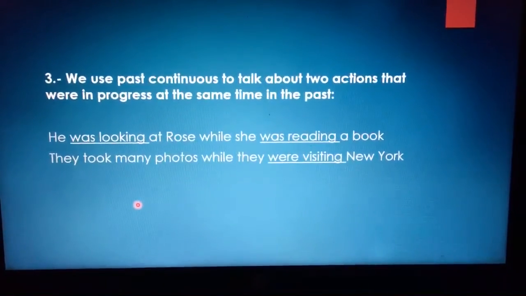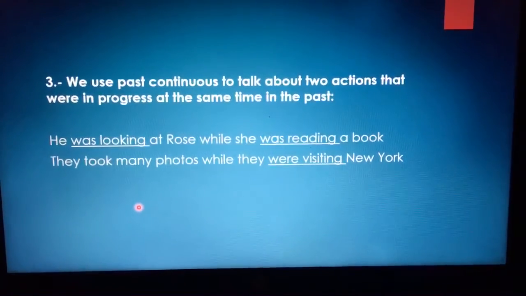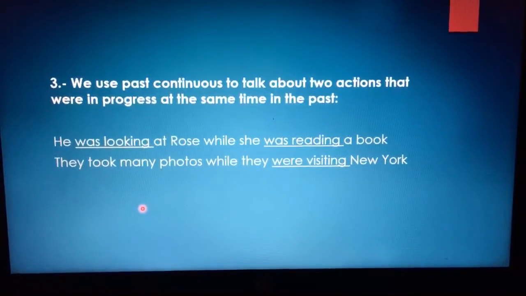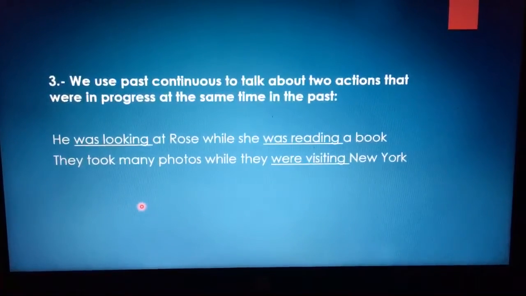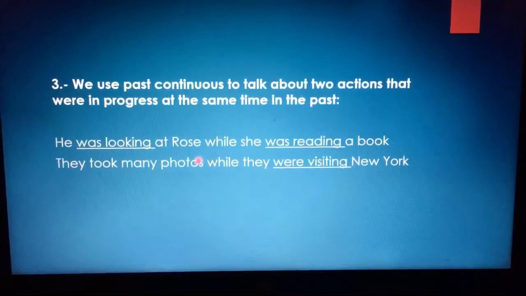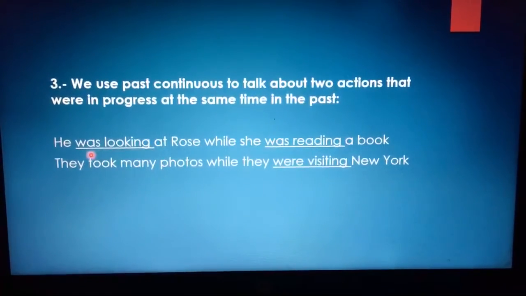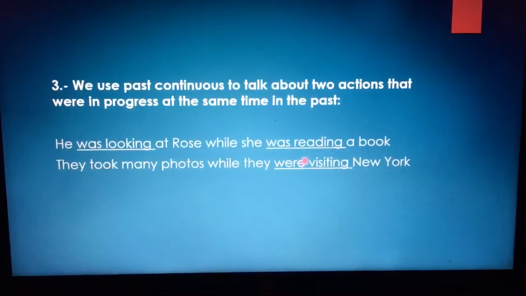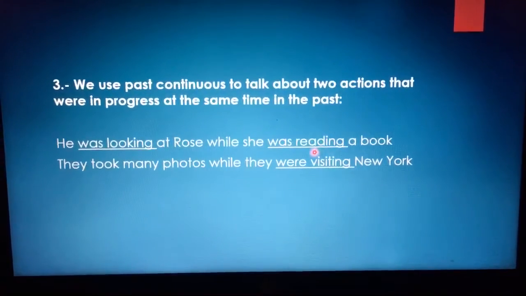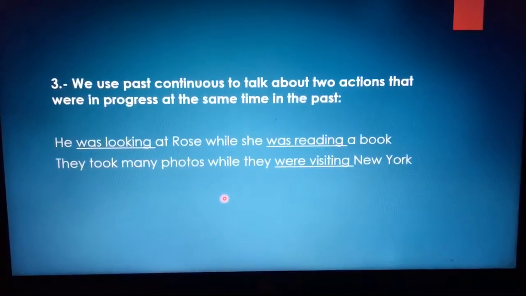He was looking at Rose while she was reading a book. They took many photos while they were visiting New York. Okay, so here the key word is while, which means that these two actions, was looking and was reading, these two actions were simultaneous.